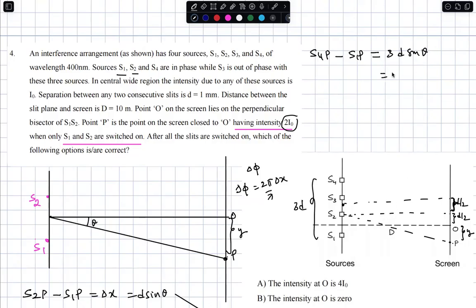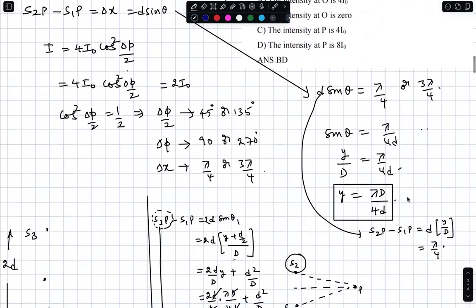And this is 3d sin theta, meaning this angle. Very clear, d plus y by capital D. This is 3d square by capital D plus 3dy by capital D. You already know what y is.